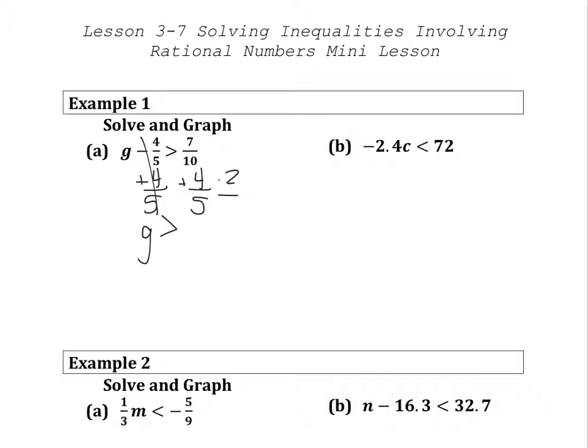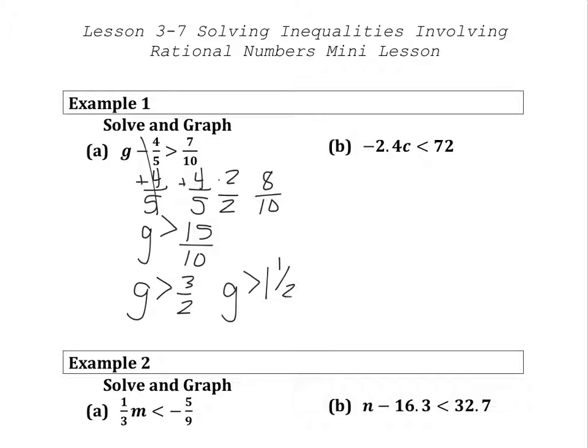We're going to multiply the second fraction by 2/2, which is the equivalent of 1, making it 8/10, and 8/10 plus 7/10 would be 15/10, and I'm going to go ahead and simplify that as well. 3/2, which is 1.5.